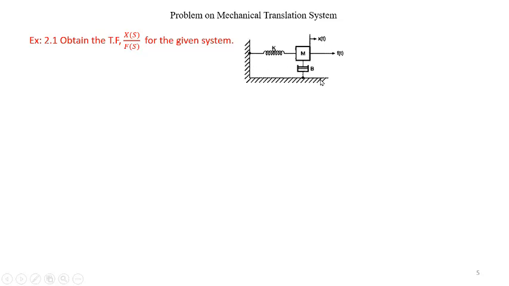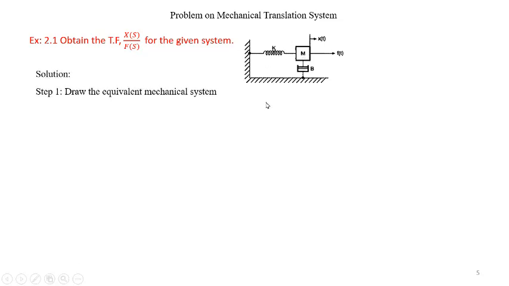This one is a reference, and the mass is applied with the force F of t, and displacement of this mass is in the same direction of F of t, and we can find the element damper between the mass and the reference and spring element between mass and the reference.